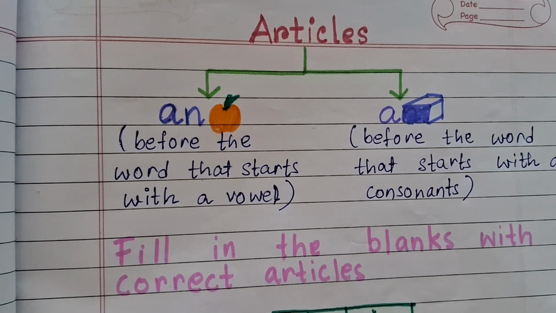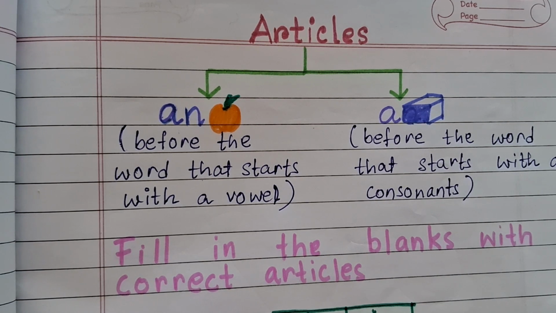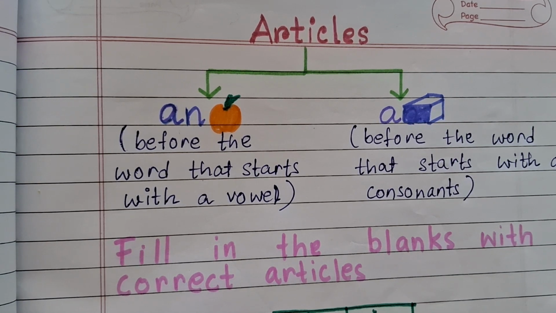So any word which starts with any of these letters is a consonant word. So before that word, we will place a: a book, a pencil, a bottle, a toy, a tree. All these words start with a consonant. They are not starting with vowels.